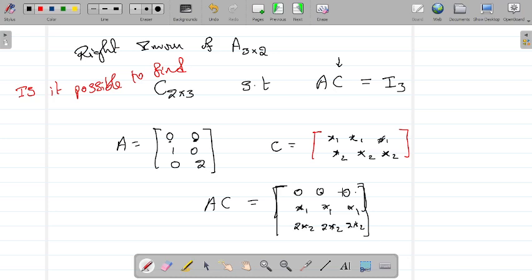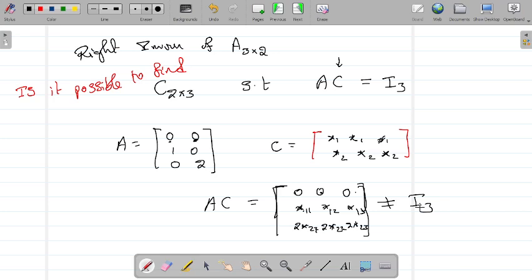These star 1s and star 2s are not equal. Now whatever elements you take in place of stars, you're not going to get an identity matrix. The result is a 3 by 3 matrix only, but it cannot be equal to an identity matrix.